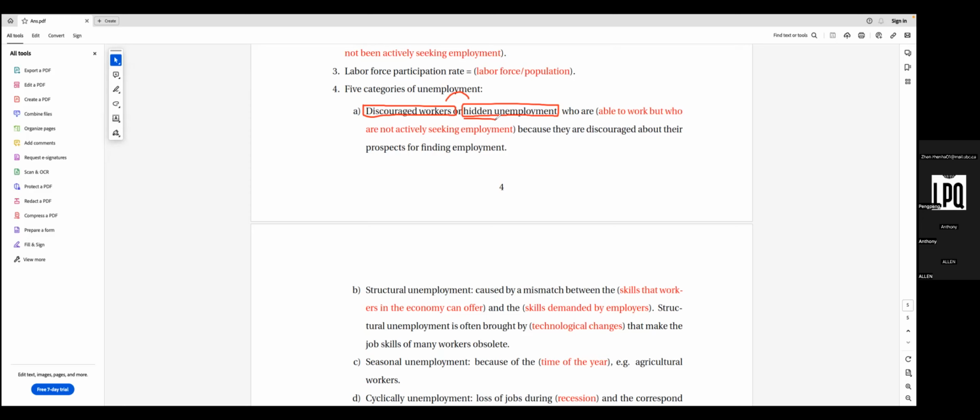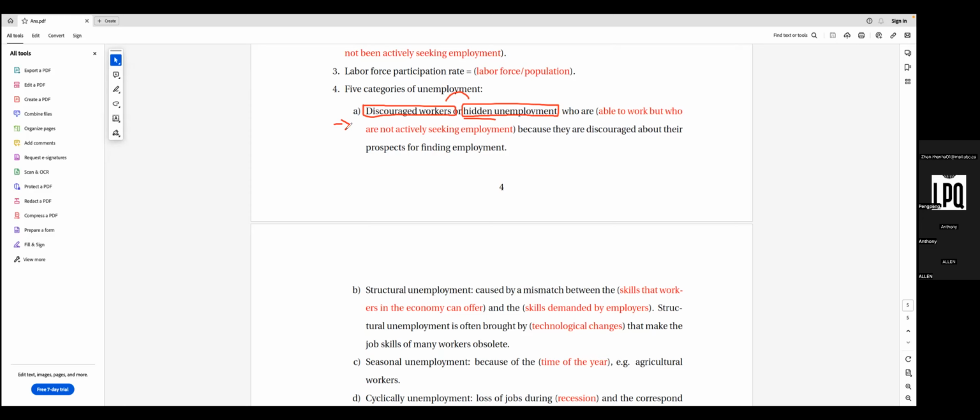Because by the definition we already learned of labor force, if you don't have a job and you don't actively seek employment, you cannot be counted as a labor force. So the first type of unemployment is a special case.